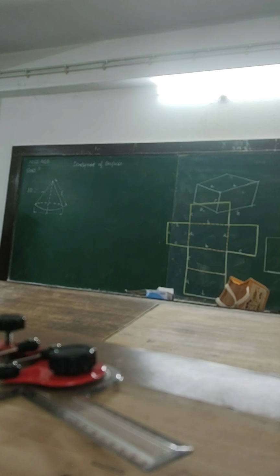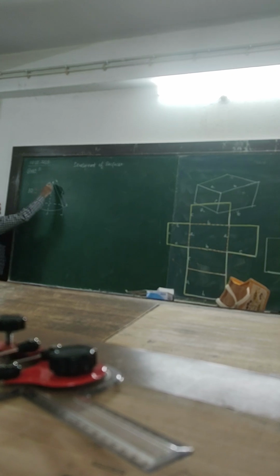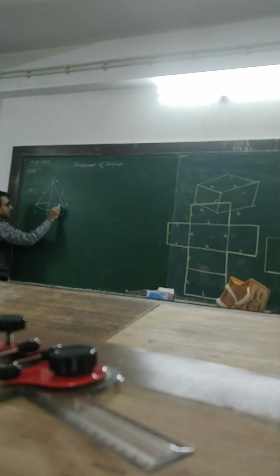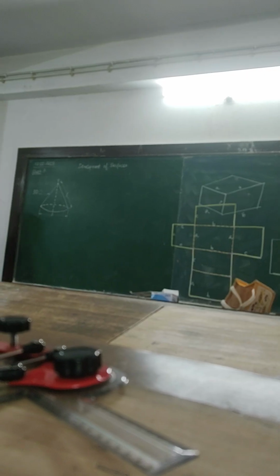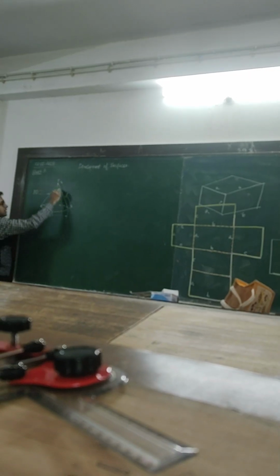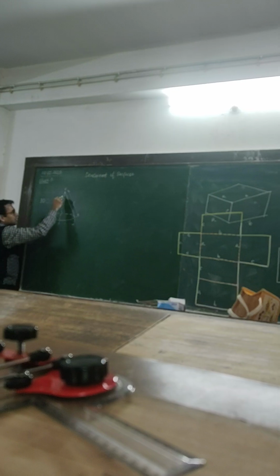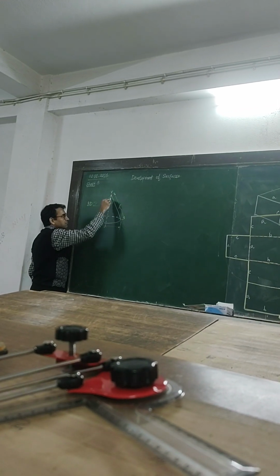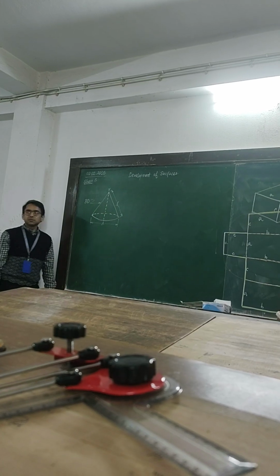Say this is vertex D. This is L, this is also L, this is also L. They are all the same.